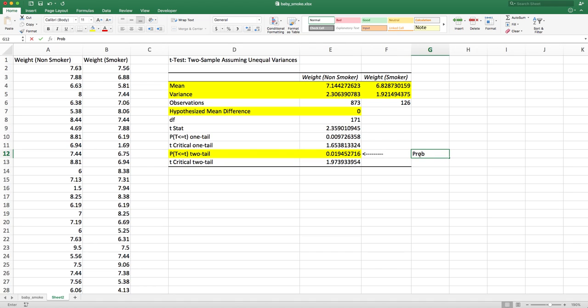So this is the probability of finding our samples if the mean difference is 0. Well, that probability is so absurdly small that we're going to conclude that the difference is actually not 0, that there is some difference between these two.